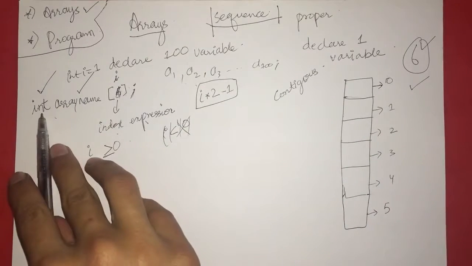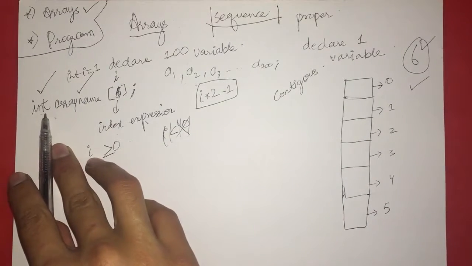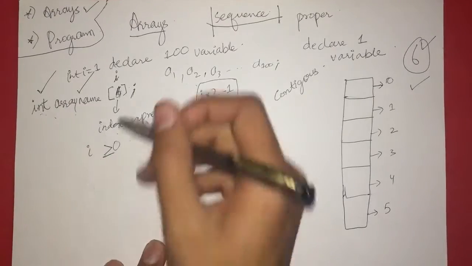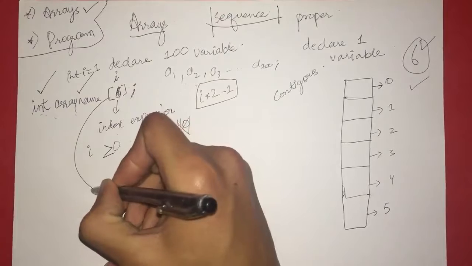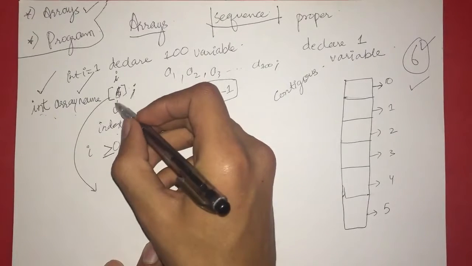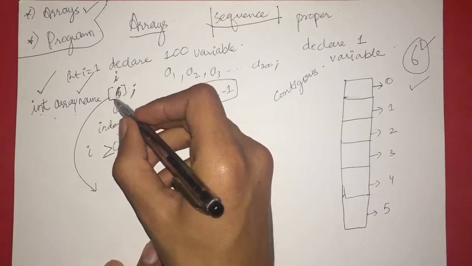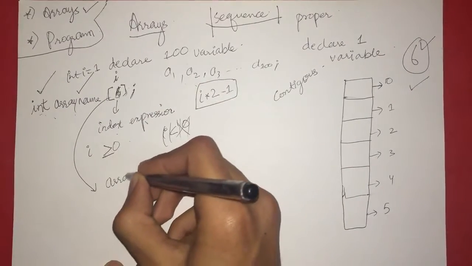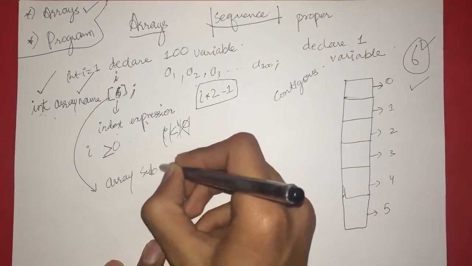You mention the data type of the array, then you mention the name, and then the square brackets.